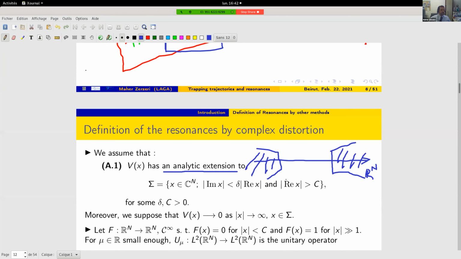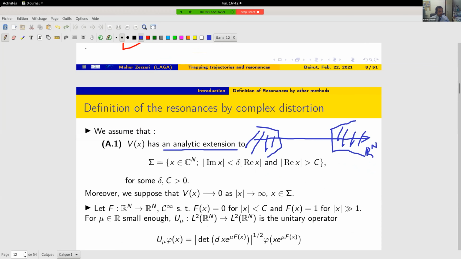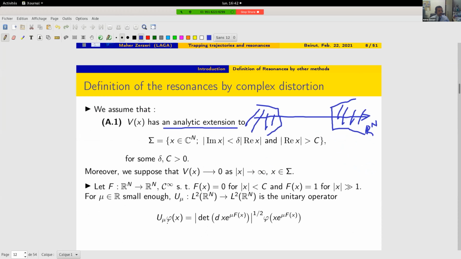And if you have such an assumption, we can define what we call distortion of Rn. So we distort the manifold Rn by using this unitary operator U for mu real. And after, we can complexify mu, but mu small. So what is it exactly?